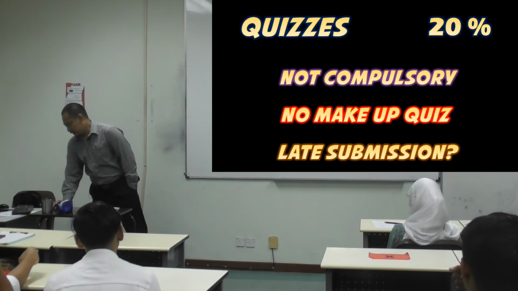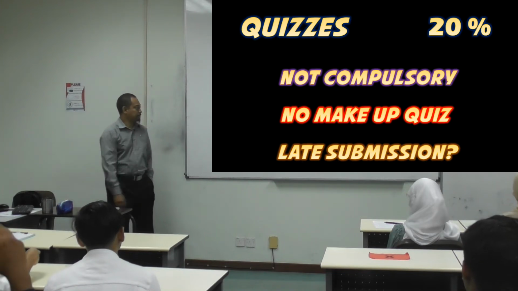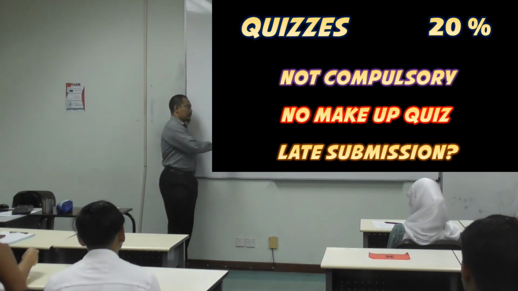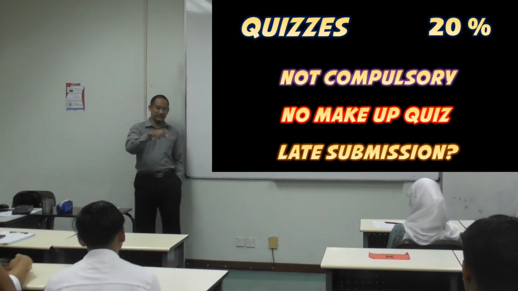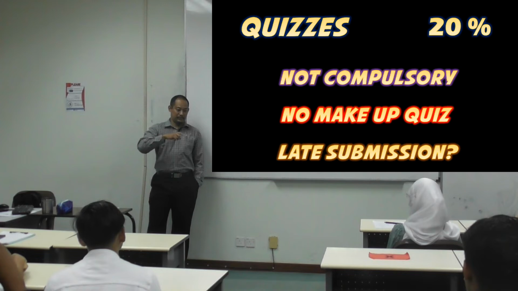So that's the thing. Now, if I do this, normally the mark deduction tends to tally with the amount of marks that is possible for you to get during that time.